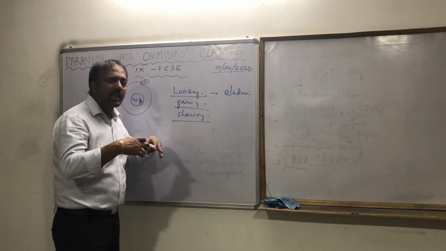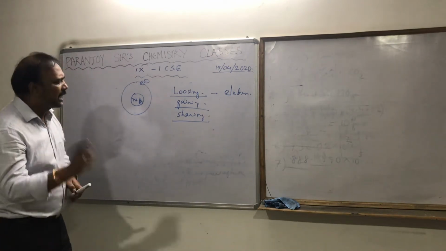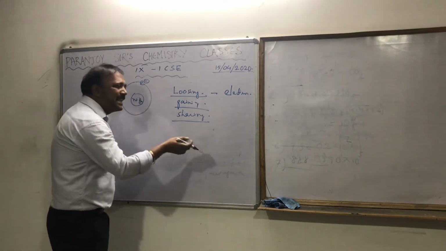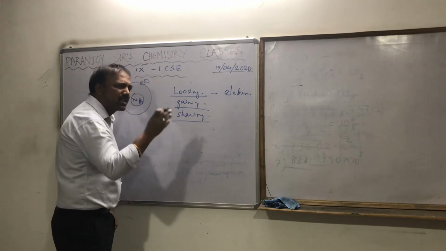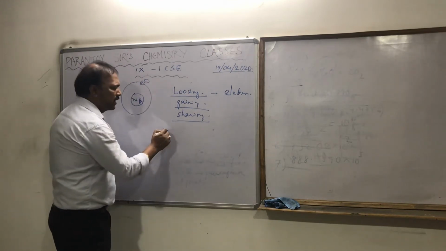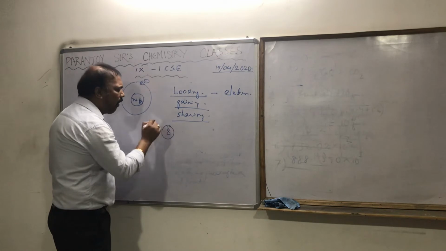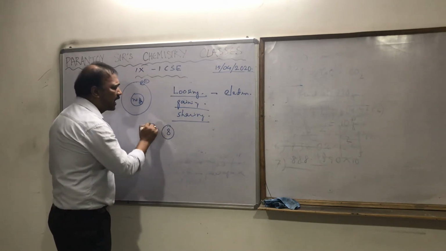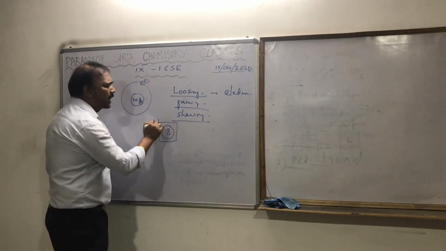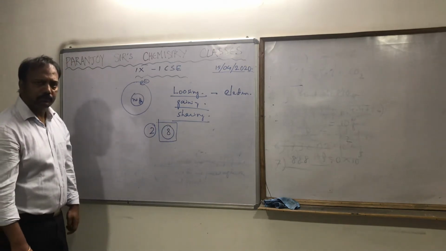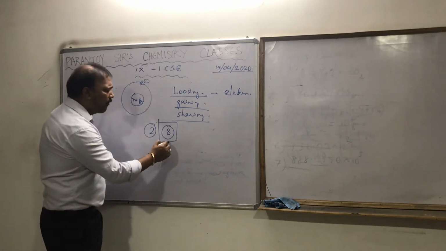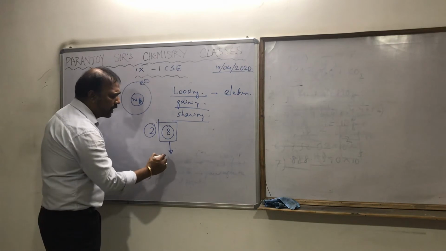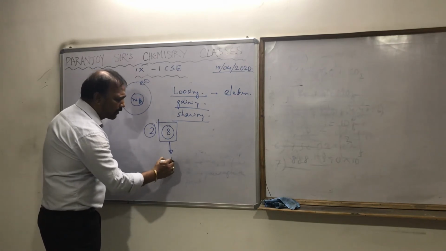How do they get stable? By getting the last shell filled with 8 electrons, or 2 electrons. Generally 8 electrons, in certain cases 2 electrons. This rule of filling up to 8 electrons is called octet formation.